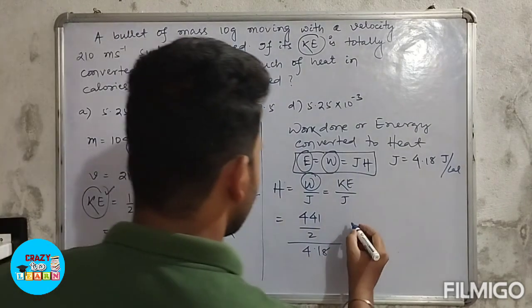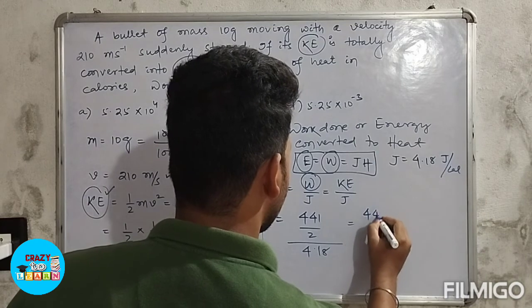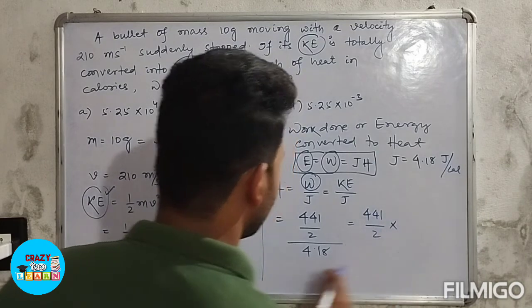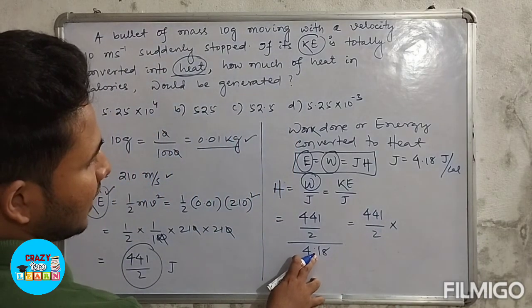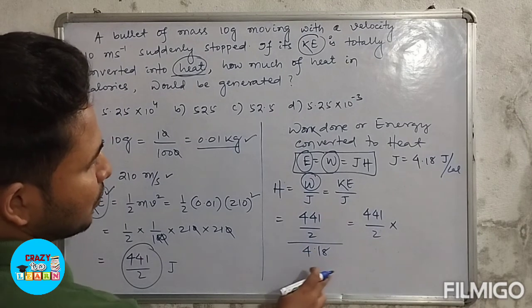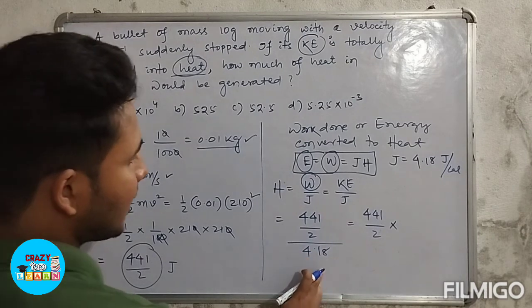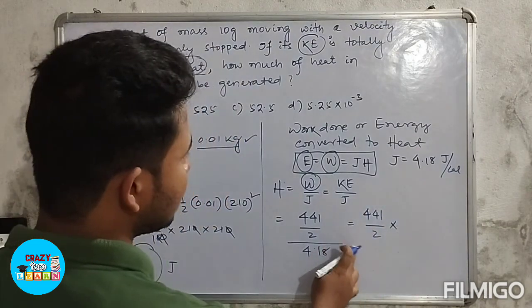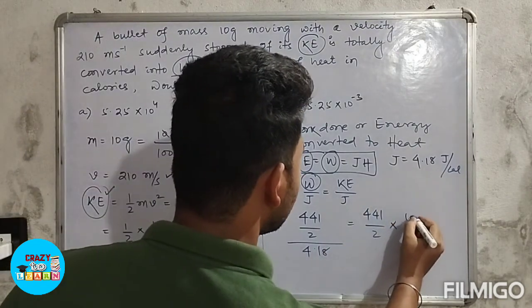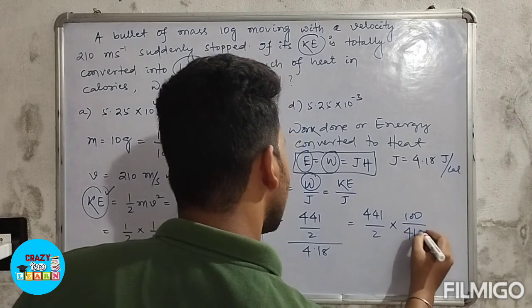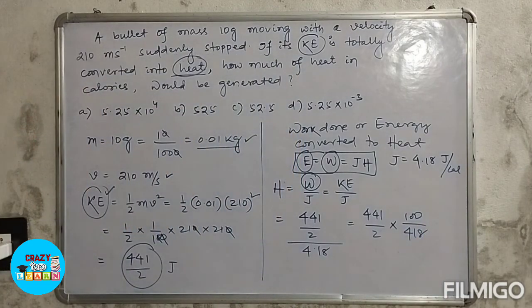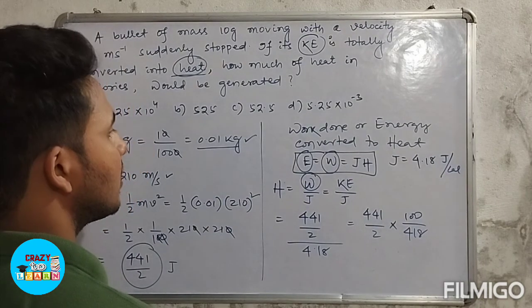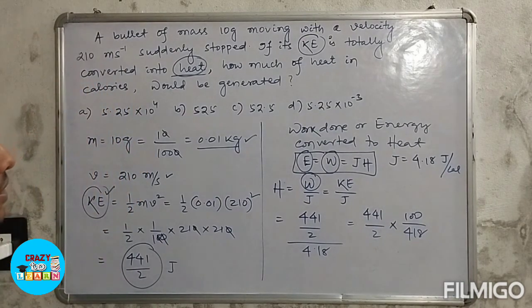So we can write it like this, 441 divided by 2, and if you convert the decimal to a fraction we will get 418 divided by 100. When you convert this division to multiplication we have to take the reciprocal, so we can write 100 by 418. Okay, just calculate.